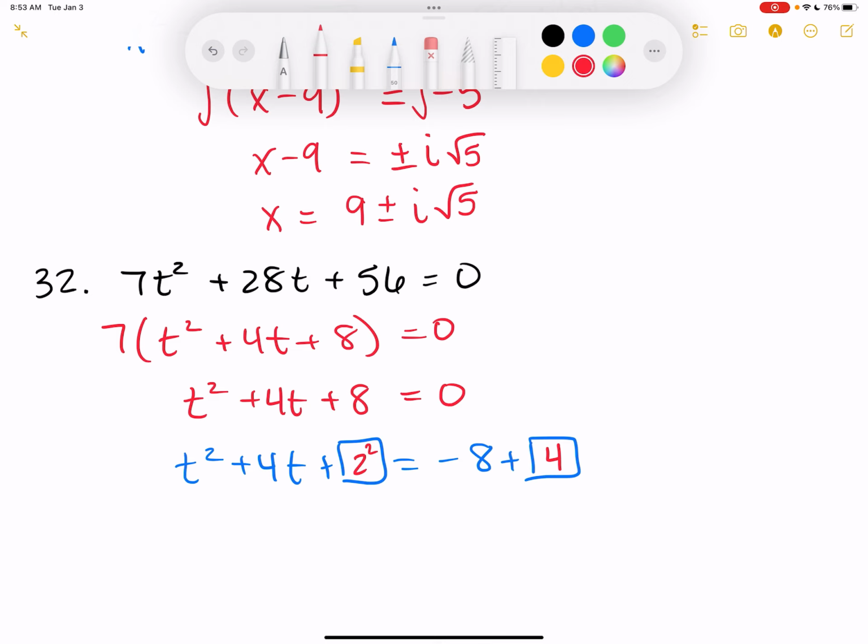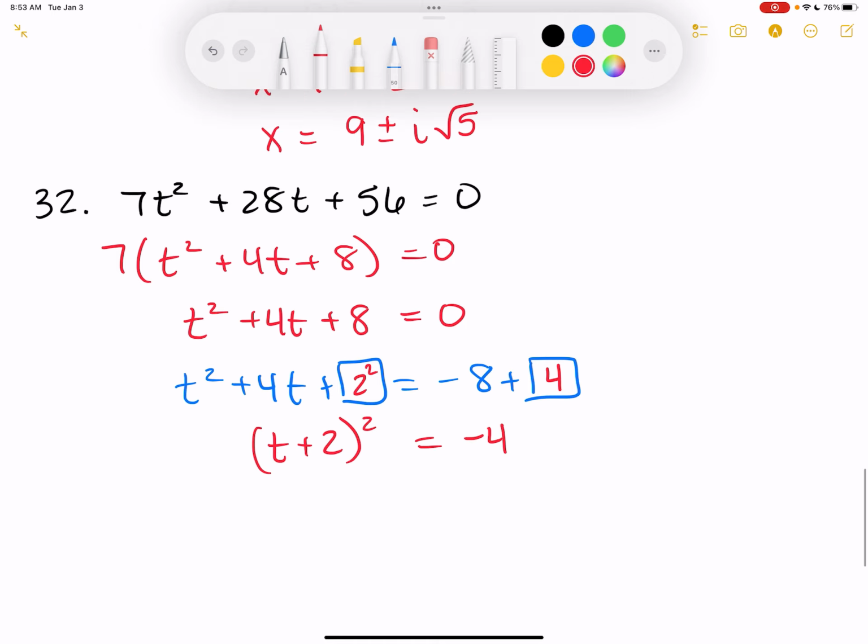So what does that factor into on the left? t plus 2 squared is equal to negative 4. So then square root of both sides, t plus 2 is equal to plus or minus, what's that? 2i.